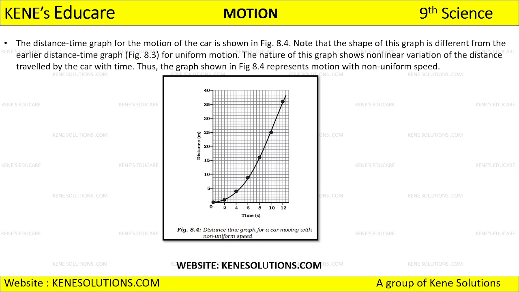So this is what we discussed based on the table that was given before, right? On the basis of that, the graph that can be obtained is like this. This is the distance time graph for a car moving with a non-uniform speed.